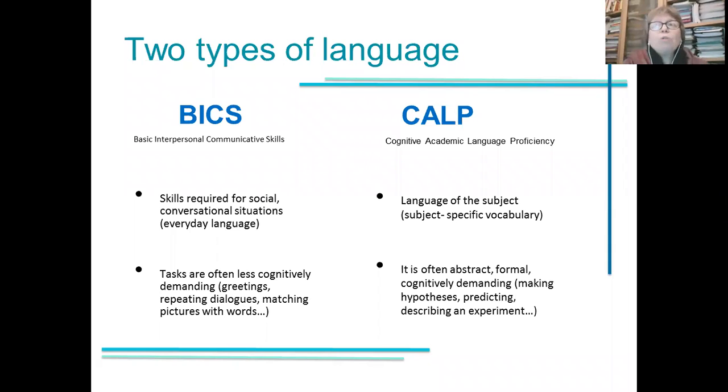Why do children go to school? Children go to school to learn the CALP, Cognitive Academic Language Proficiency, the language of the subject, in L1 and in L2. For this reason, it's very important to be aware that from the age of 6 to the age of 10, children are still developing the CALP in mother tongue.